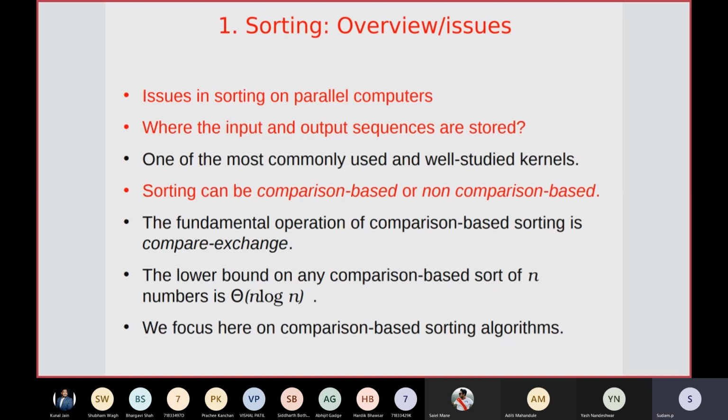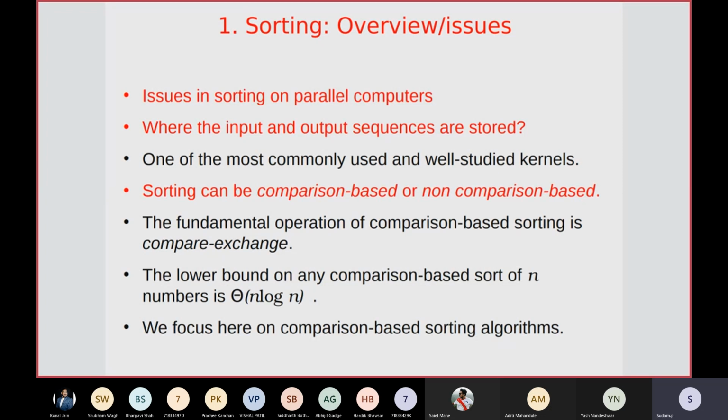In that case, every machine in the parallel network is given a specific ID starting from 0, 1, 2, 3, 4, 5, and so on, and each machine has its data. The data on machine 0 will be numbers less than the sequence on machine 1, and machine 1 will have a sequence less than that on the next machine, and so on.